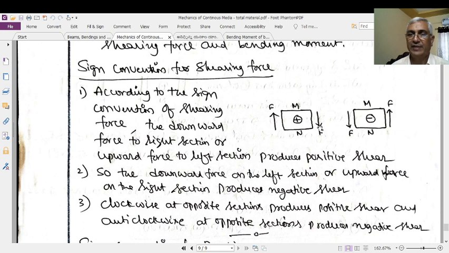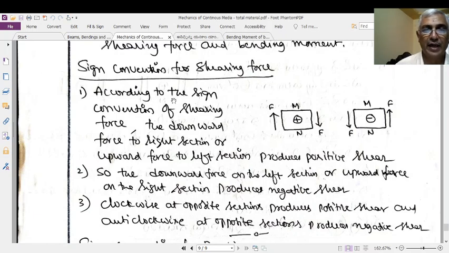Sign convention is the agreement made by an international group of scientists.